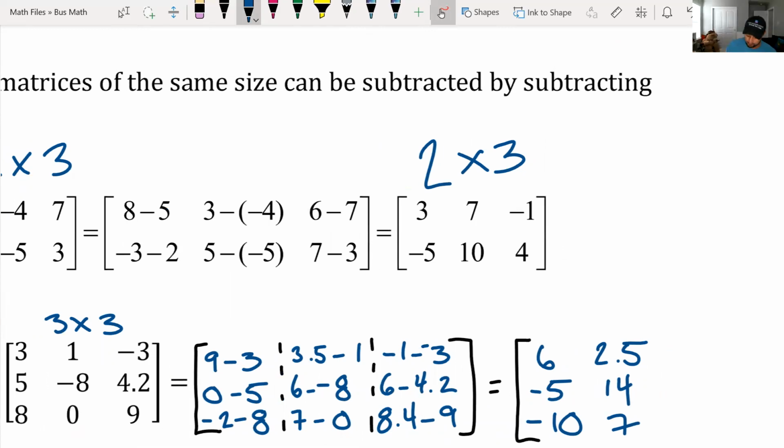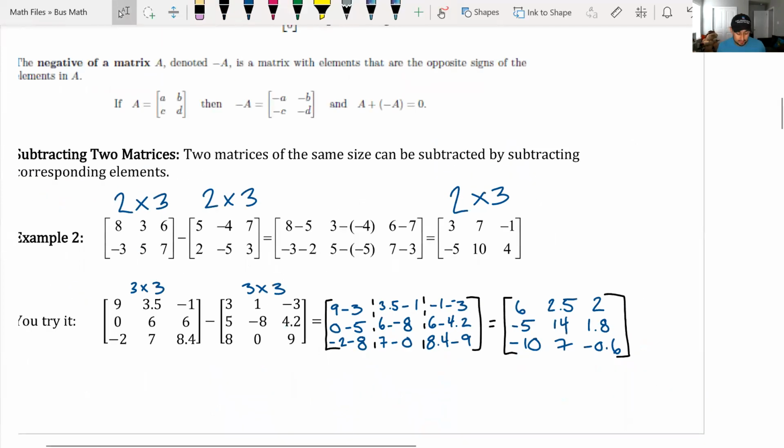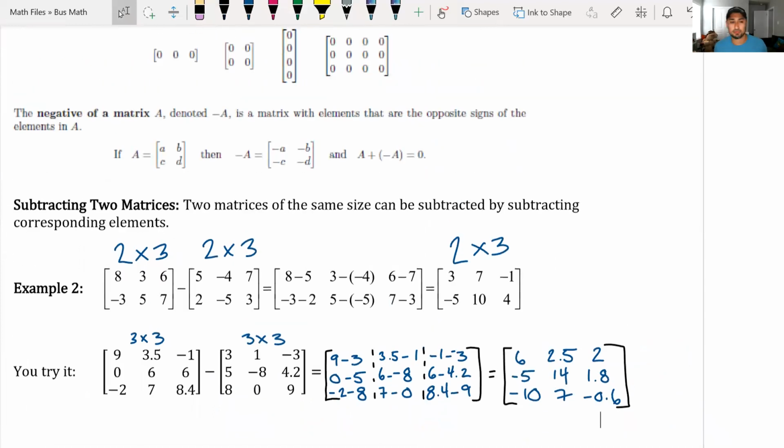So that'll be 2. That'll be 1.8. And that'll be -0.6. And there you go. That is adding and subtracting matrices.